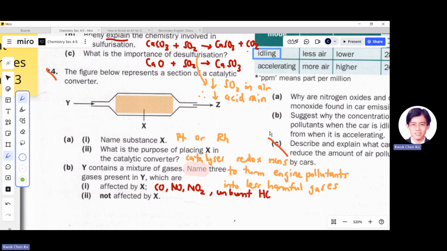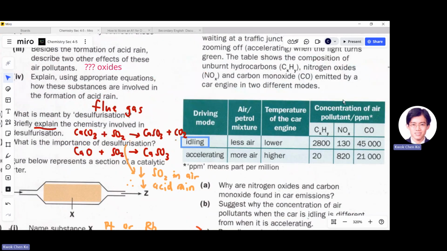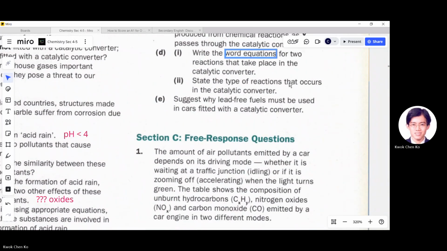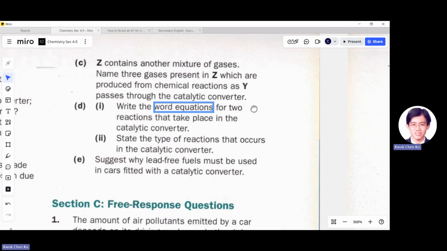Sabrina, part 2, not affected by X. Nitrogen, carbon dioxide, and water vapor. Okay. Okay, good. Okay, part C. 3 gases in Z which are produced from chemical reactions as Y passes through the catalytic converter.